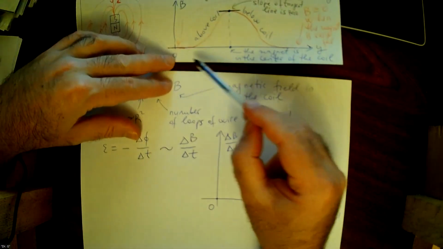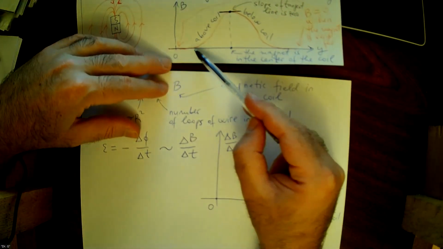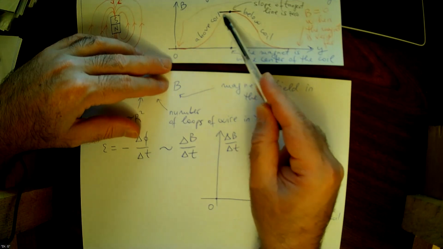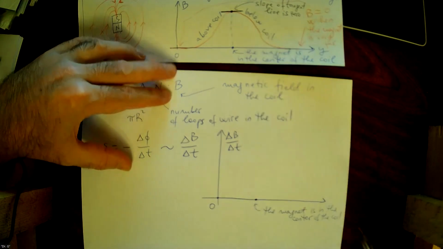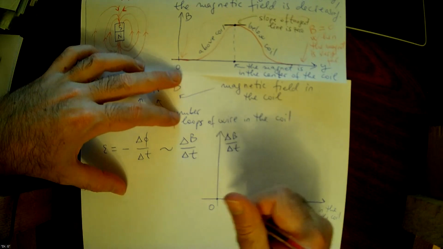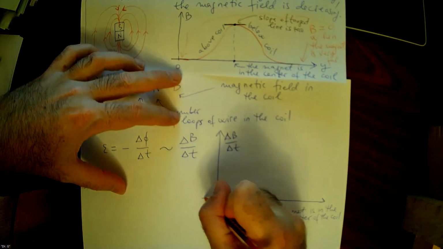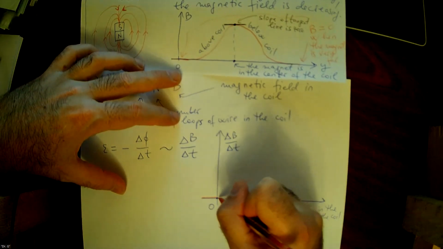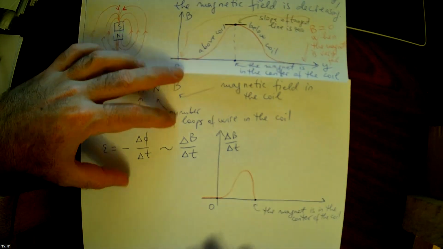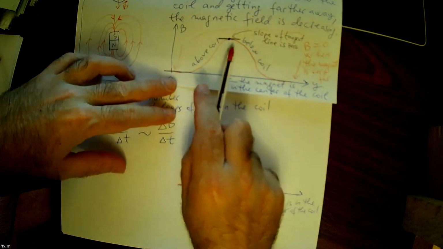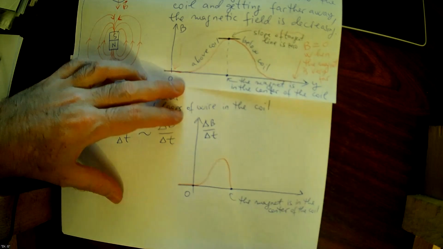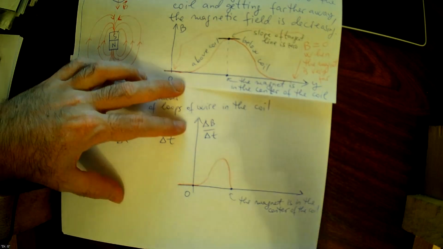But throughout this section, the slope increases and then decreases. So we'll see this behavior: 0, and then it goes up, and then it goes down. Okay, and here the magnetic field decreases, the derivative is negative.